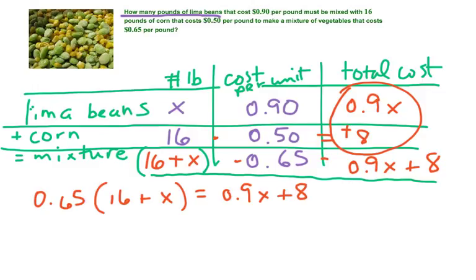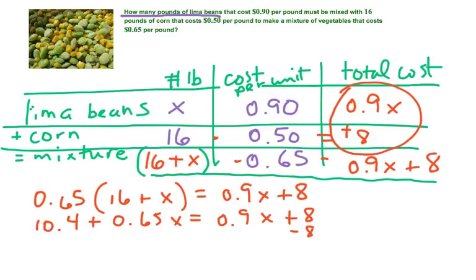So you can certainly pull out your calculator for these calculations. And I have 0.65 times 16, and I get 10.4. 10.4 plus 0.65x equals 0.9x plus 8. Be careful here not to do things in your head with decimals. People tend to make a lot of mistakes.